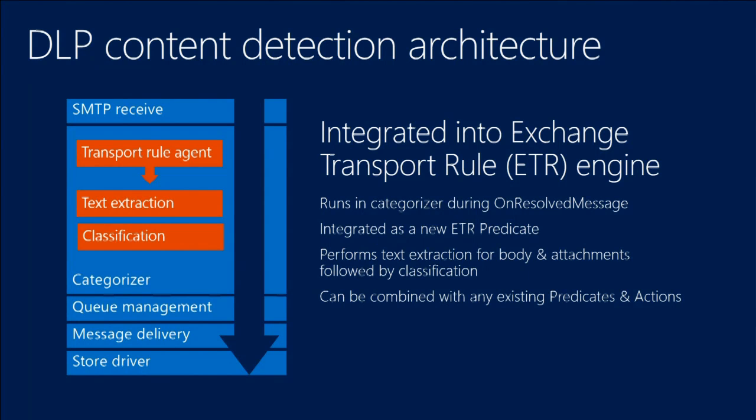And again, by actions, if you remember the earlier slide with protect, I mentioned you can take an action such as blocking, deleting, quarantine, encryption. Those are all actions, and you can use any action that you can use today on your transport rules. So you can really make this DLP system your own, exactly the way it makes sense for your business.